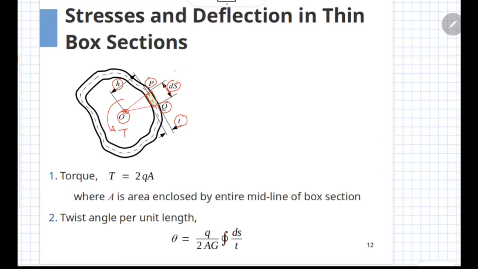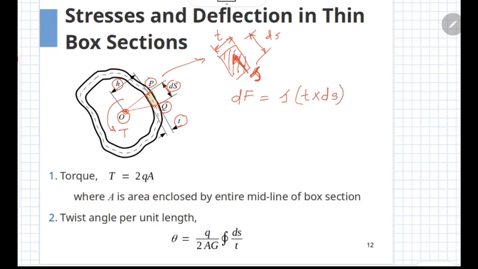Now if you consider the forces acting on this cross section, we have a segment with length equal to ds and thickness equal to t. If you consider that a shear stress tau is acting on this segment, the total force acting on this segment would be given as dF equal to tau multiplied by t into ds.